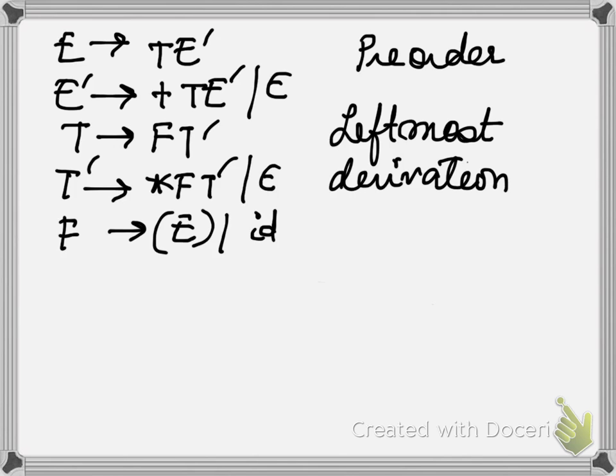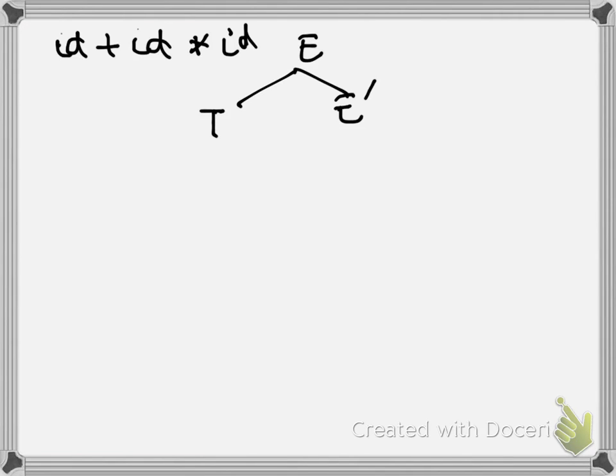So this is our expression grammar that we had seen earlier. And for an input string, let us construct the parse tree using top-down parsing. My input string is id plus id into id. As I said, we'll start from the start symbol E. First we will expand this as T E dash using the first production.